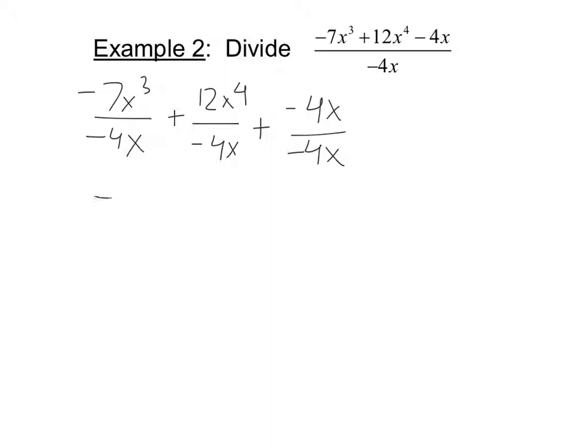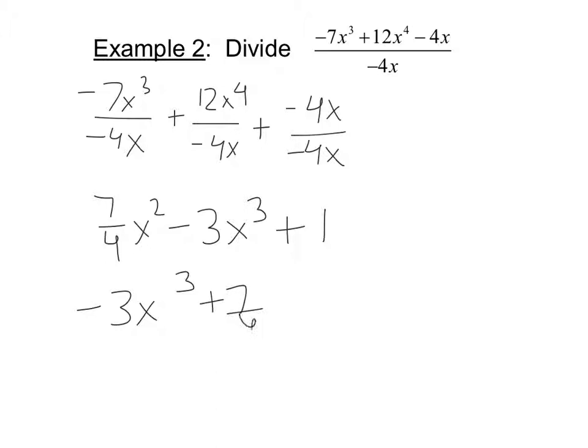So here you get 7/4 x squared minus 3x to the third plus 1. Now you might have to rewrite this in standard form, so just to be safe, it's highest degree to lowest degree. I'm not sure, so you should always write them in standard form though. Let's take a look at some more.